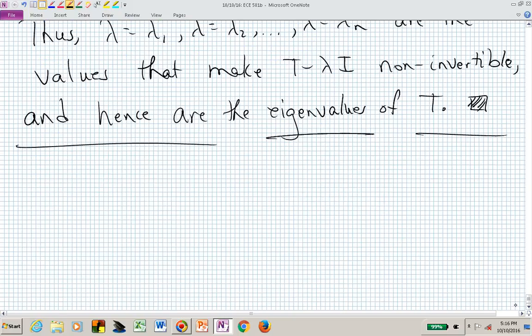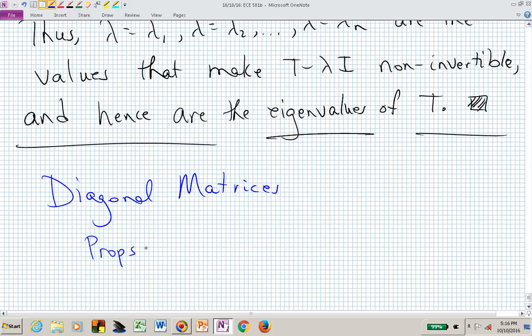And what I will suggest is that you look at the last part of chapter 5, which is dealing now with even more specialized or nicer matrices, diagonal matrices. And if that's the case, then we have basis vectors that are the eigenvectors of T, and you might look at the following propositions: 5.38 and 5.41.